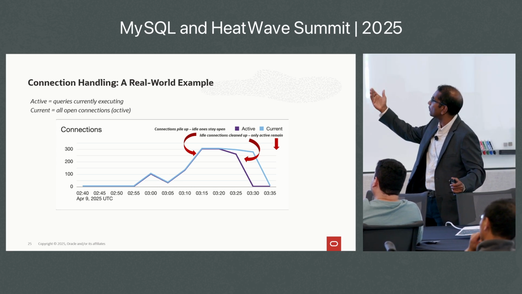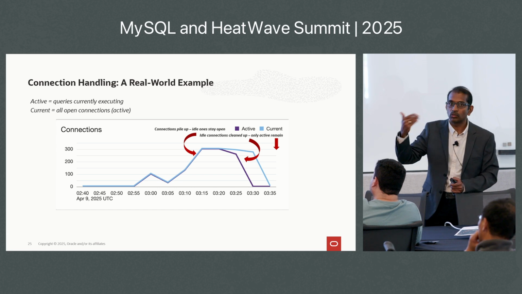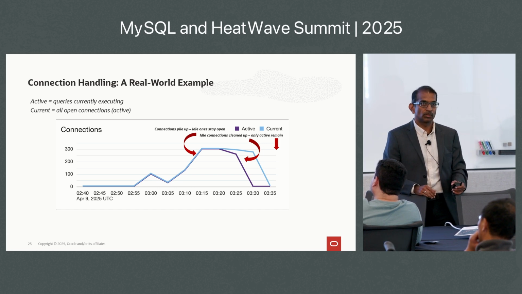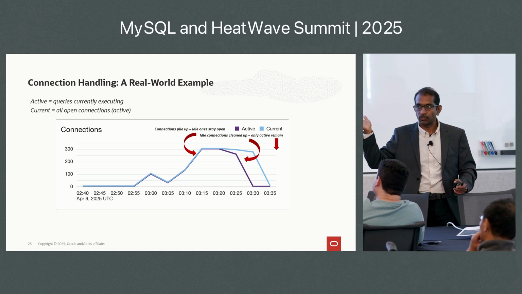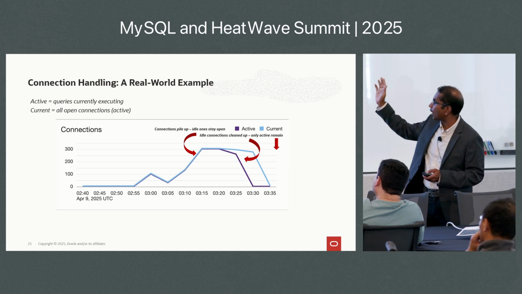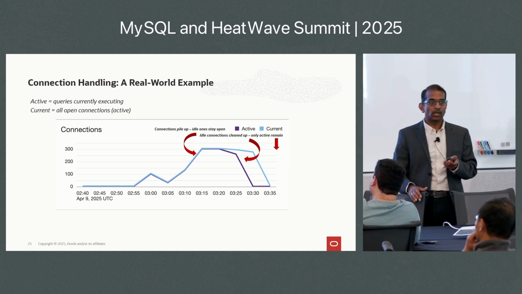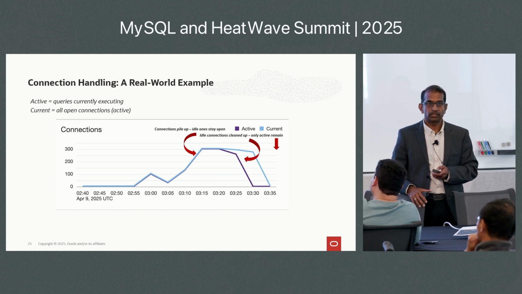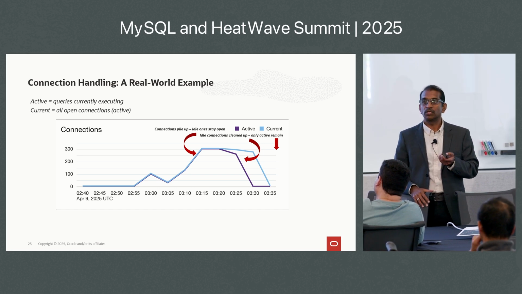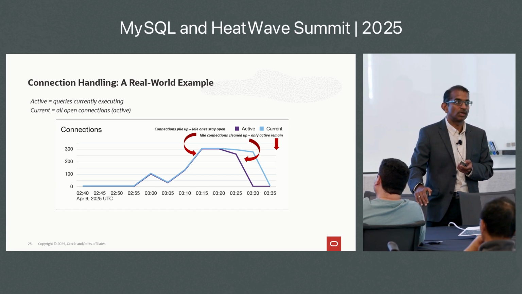Ideally, I want to be the purple line wherein I open and close the connections as quickly as possible. But this would clearly indicate there is a problem there. I don't want to be the blue guy, but I want to be the purple guy, and I can talk to my developers to fine-tune the connection, or maybe fine-tune the connection pooling mechanism at the middle tier.